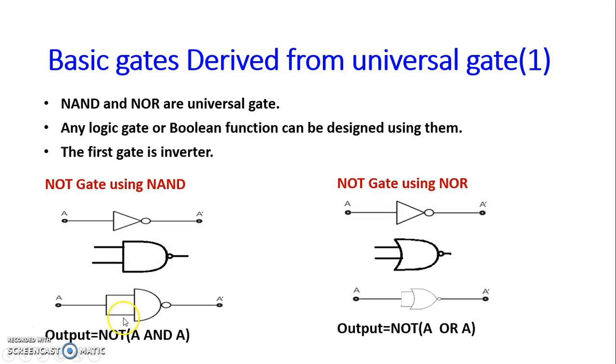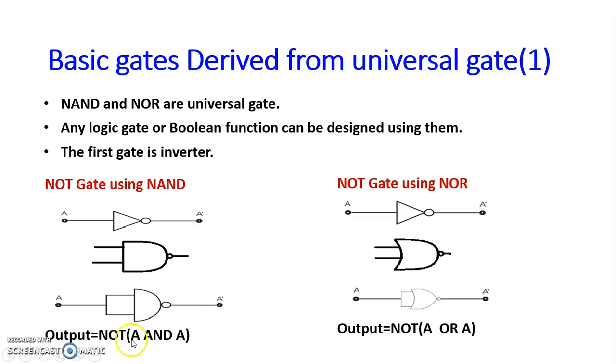By combining these two inputs, we have the single input A, which is equivalent to an inverter input. The output I get here is just the NOT gate.